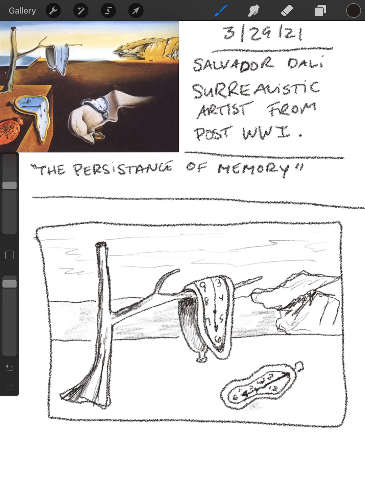Then we draw a little shadow behind a thing to show that it's weighted onto the ground. And we can use the side of our pencil to draw shadows and add a little dimension to our picture.